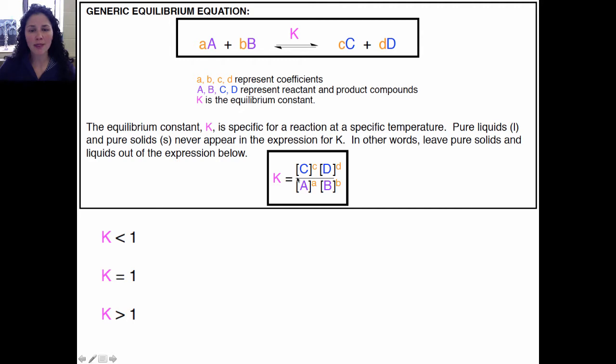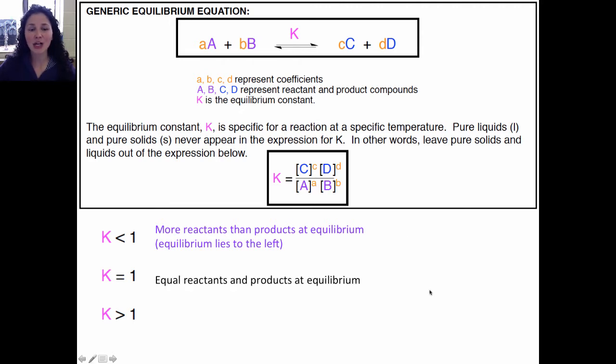So there are more reactants at equilibrium than there are products. Anytime you have a K value that is less than 1, it tells you that the equilibrium lies to the left-hand side. When K is equal to 1, that must mean that the values in the numerator and the denominator are equal, and so there are equal amounts of reactants and products at equilibrium.